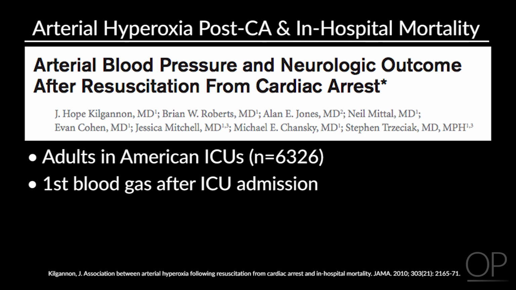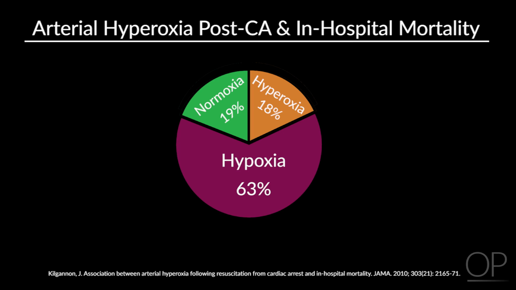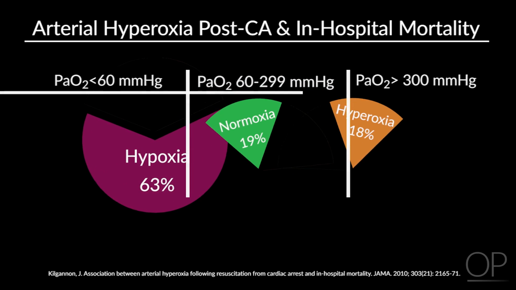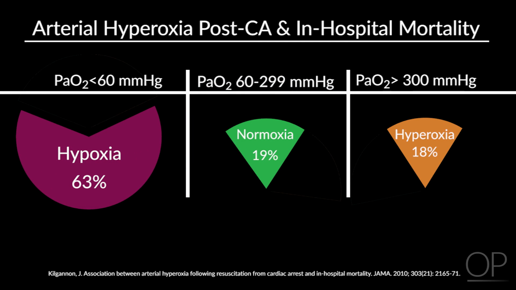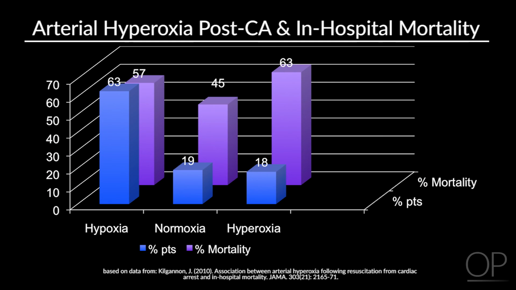But what they did end up seeing was that there were a significant number of patients that ended up being hyperoxic as well as hypoxic after cardiac arrest. When they looked at the outcomes of those patients, the interesting thing is there was a statistically significant mortality risk with hyperoxia in survivors.